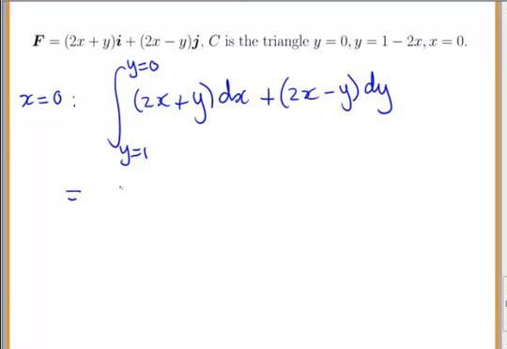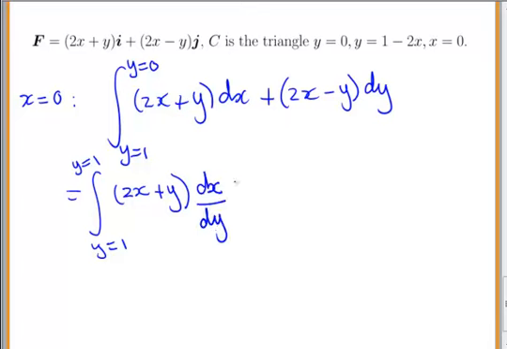So this time it's the first term in the integral that we change to deal with the change of variable. So we take 2x plus y, and this time we multiply it by dx by dy, and that means we've got an integral with respect to y.